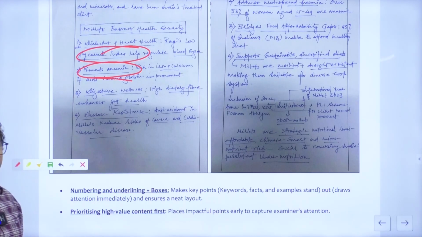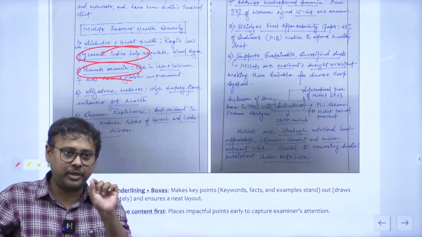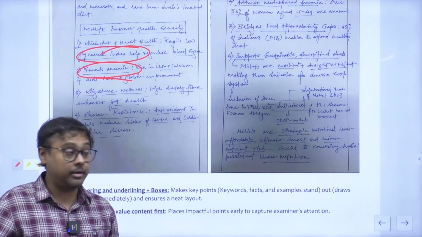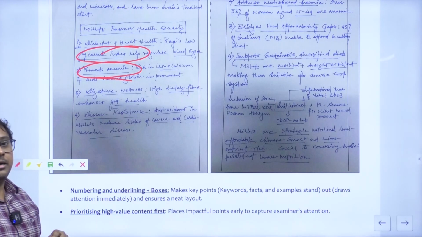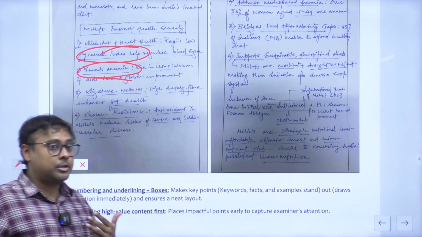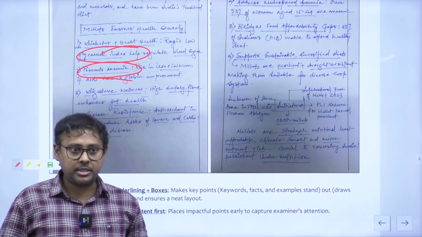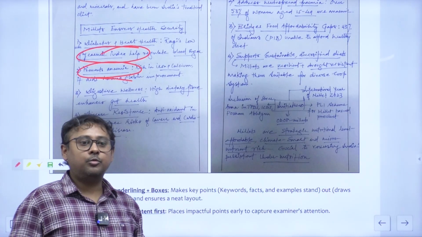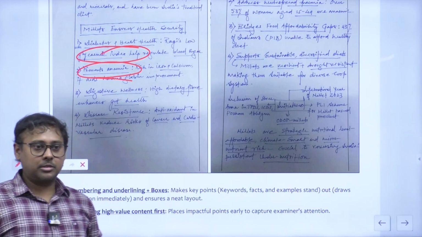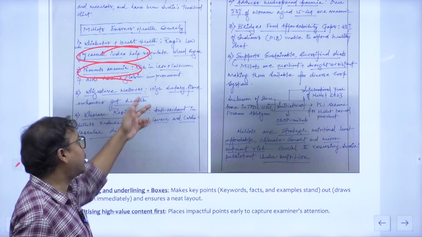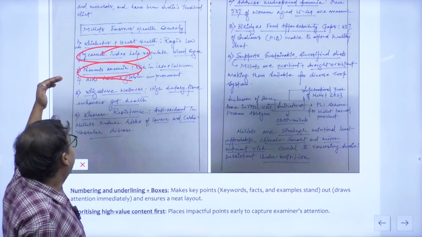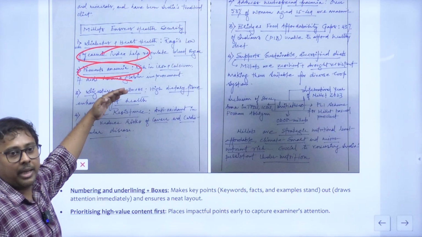These are very small things, probably insignificant to the eye. But when an examiner is looking at your copy in 20-25 minutes and has to decipher whether you're mains worthy or not, you have to tick each and every parameter, including this one: the important topic or dimension has to be placed first.